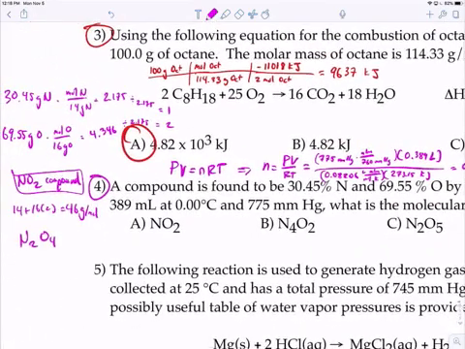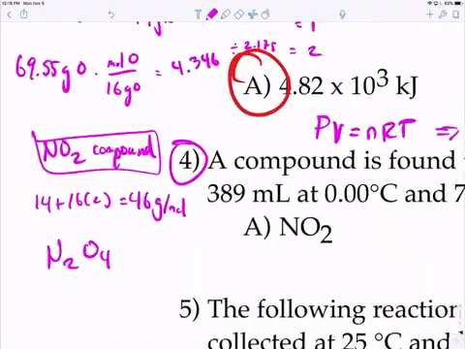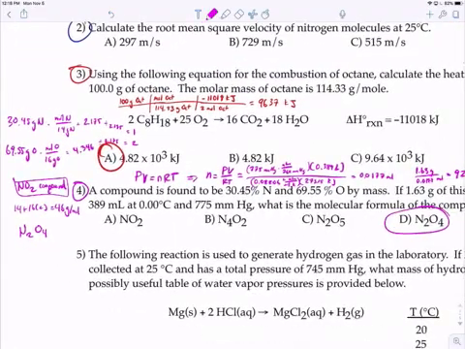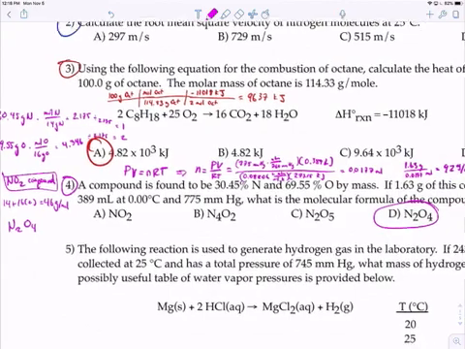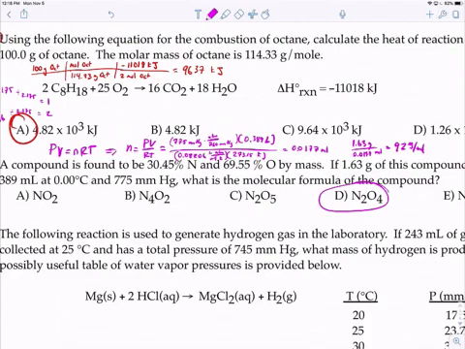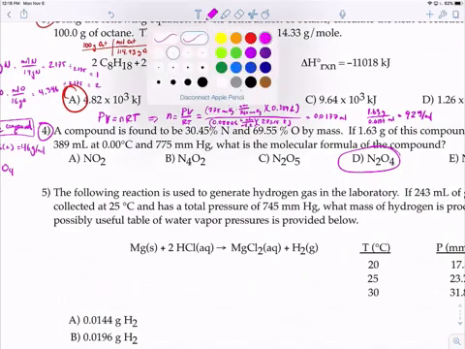So the NO2 unit is 46 grams per mole, and if we have 92 grams per mole, that's 2 of those units. So 2 times NO2 is N2O4. So, does that make sense? Questions with how to do this? That's a horrible one. Whew. Man.